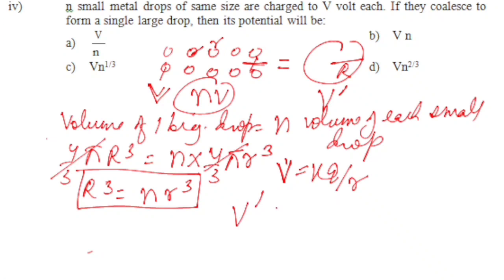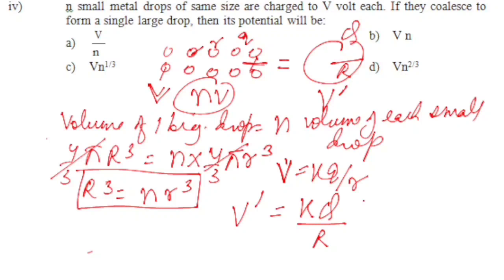So it is again k, Q by capital R. What is this Q? This bigger drop has charge Q and is made up of these smaller drops, each having charge small q.